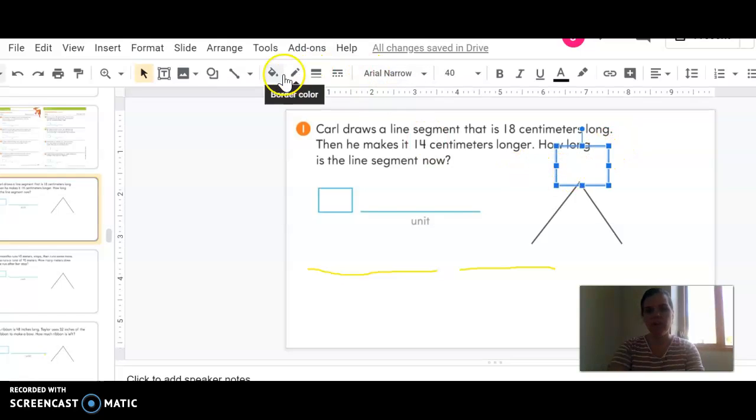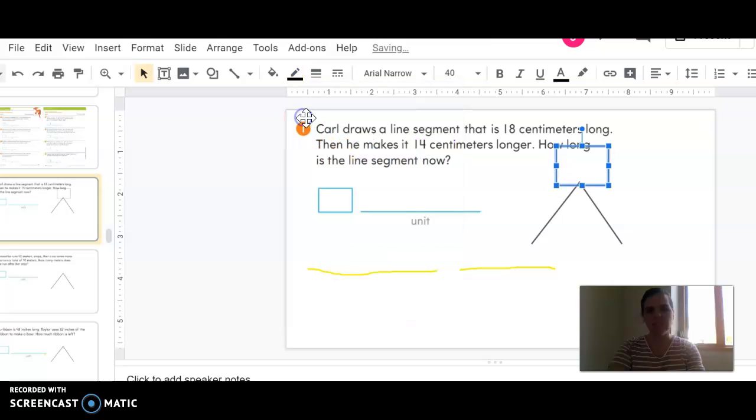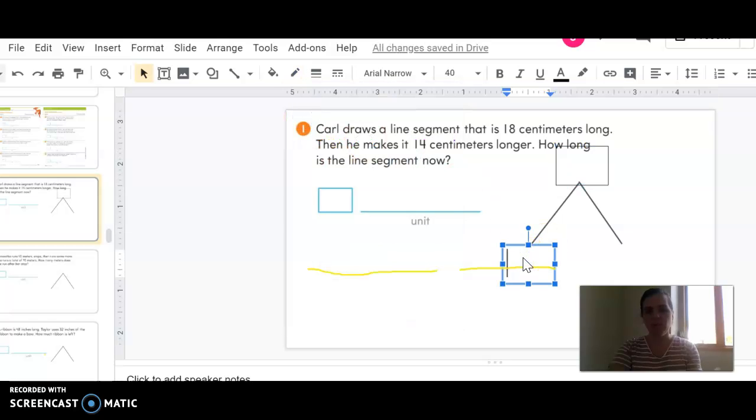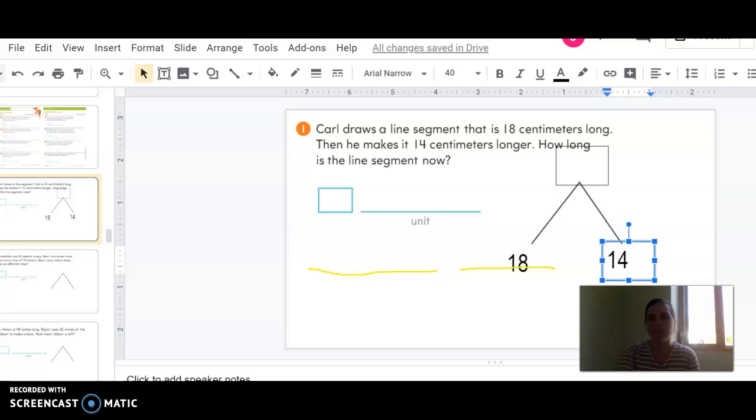Nope. So our unknown is up at the top there. But we know how long it started off as? 18 centimeters, yep. And what length did he add on to it? 14, yep. So now we know we can take 18 plus 14 to get our unknown total.